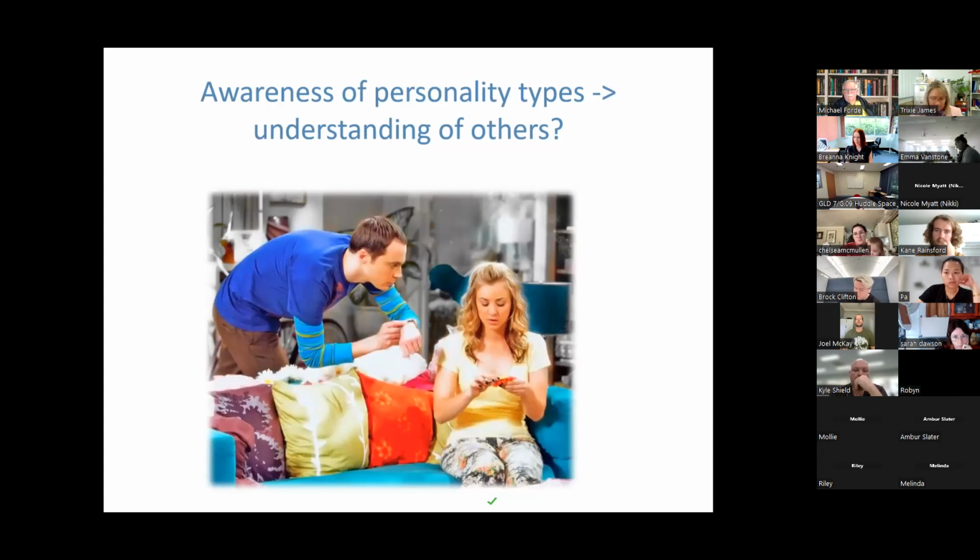So I don't know if anybody knows this show. It was a pretty big one back in the day. But this is a picture from the Big Bang Theory. And often on TV shows, they really use these polar opposite personality types to make some drama or make things a bit funny.